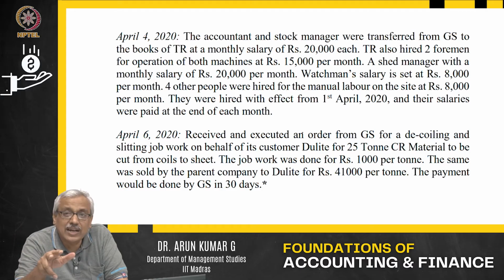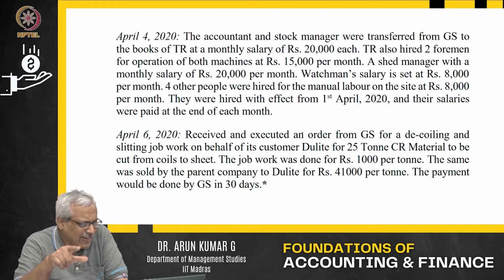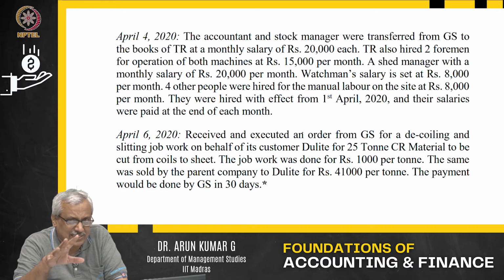It is executed, that is, the job has been performed. The same was sold by the parent company to Dulite for 41,000 per ton. The payment would be done by GS in 30 days. There's an asterisk mark out there. We'll worry about the asterisk later.